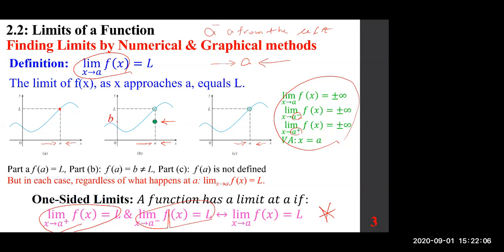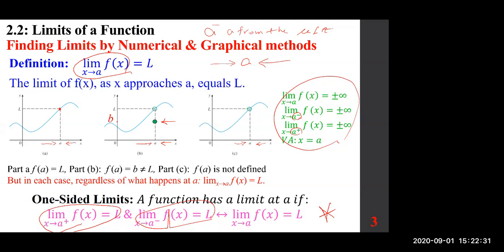If we understand this, we are done with the concept. So I'm going to repeat that. The idea behind the limit is not about what happens at a, but rather what happens in the vicinity of a, close by. So I want you to pay attention to these three graphs. In all cases, the limit exists.